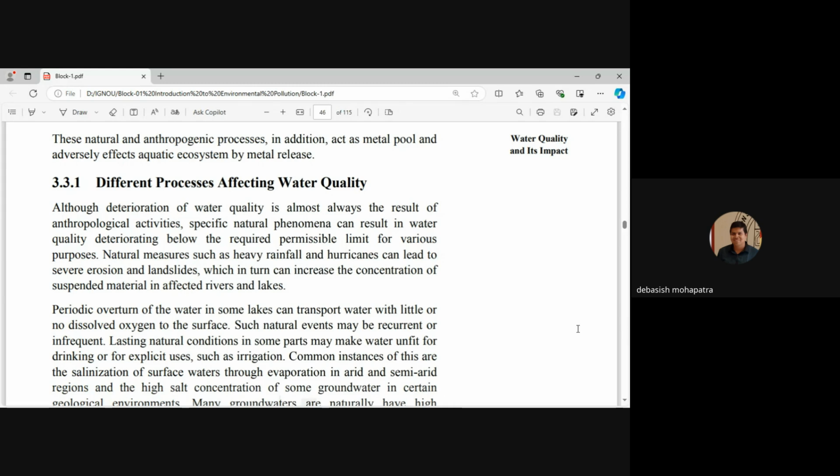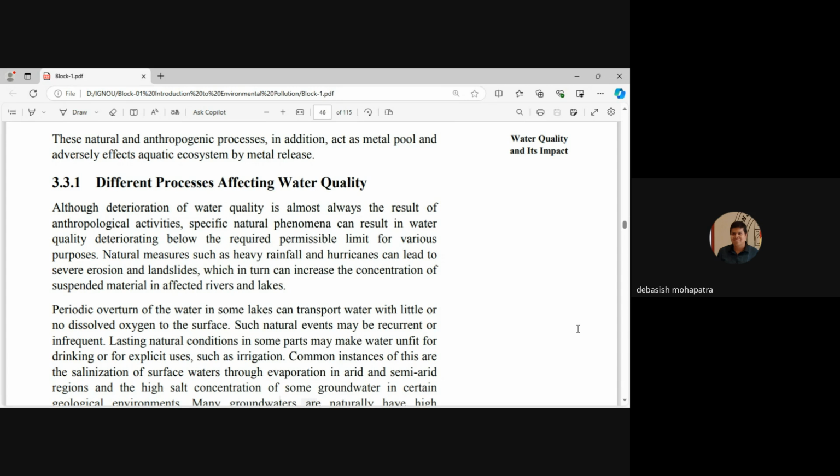Natural events such as heavy rainfall and hurricanes can lead to severe erosion and landslides, which in turn can increase the concentration of suspended materials in affected rivers or lakes.